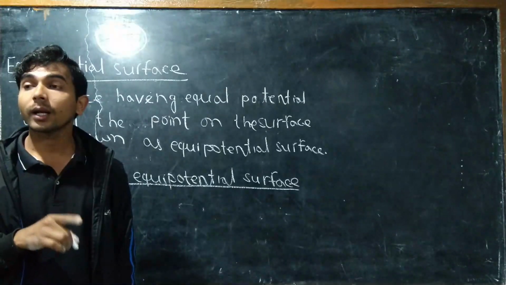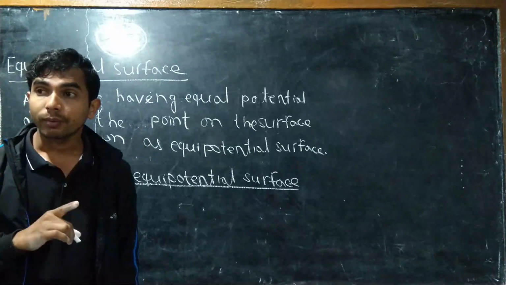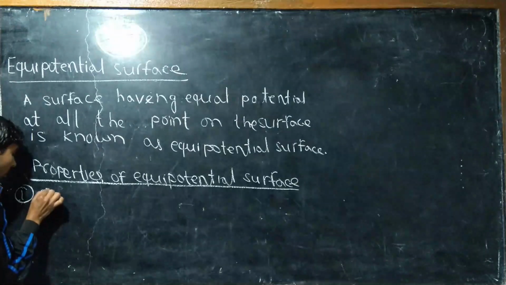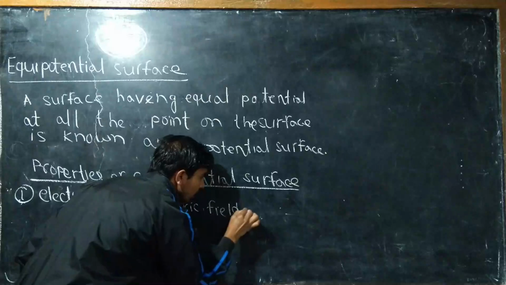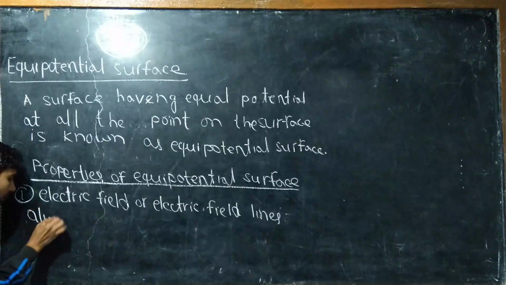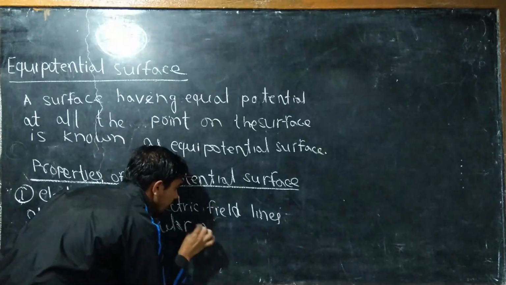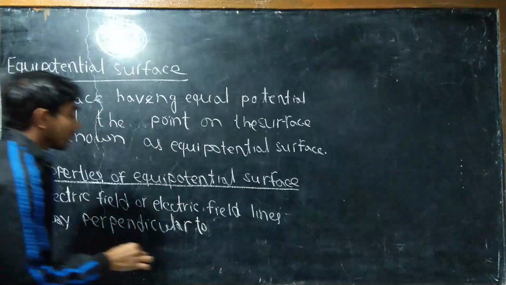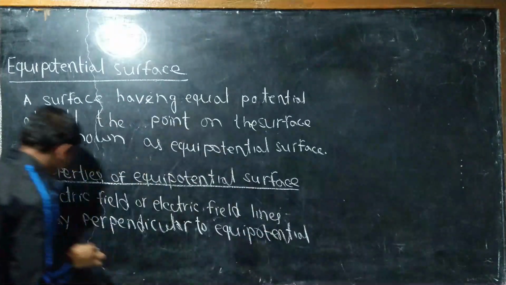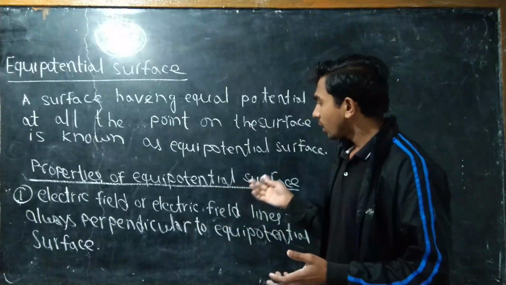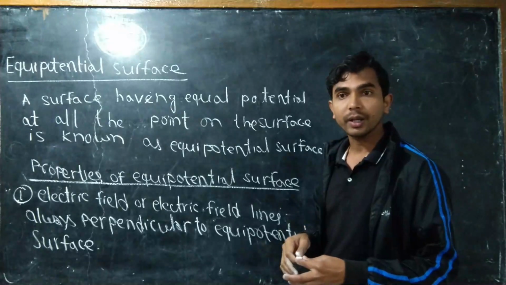Electric field or electric field lines are always perpendicular to the equipotential surface.